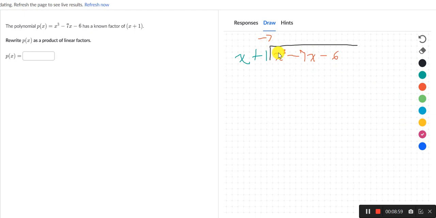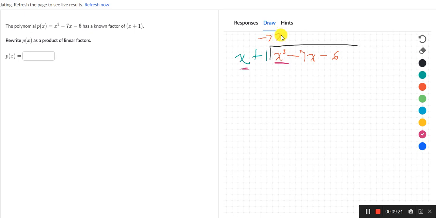The first thing you need to know is I have this term here, x to the power of 3, and I want to divide it. If I need an x term that multiplied by this will eliminate it, what is that?